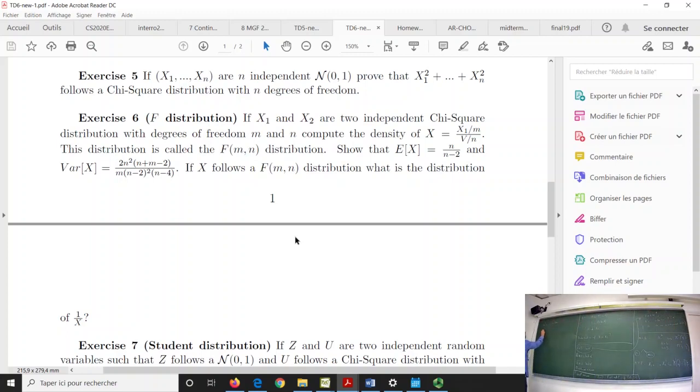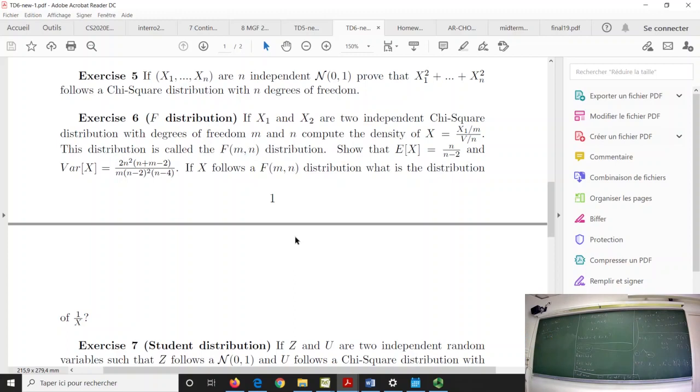So I can write it this way: x1 square plus x2 square plus until xn square, plus xn plus 1 square, just in order to make appear something in relation with my induction hypothesis. From my induction hypothesis, I know that this one follows a chi-square of parameter n.